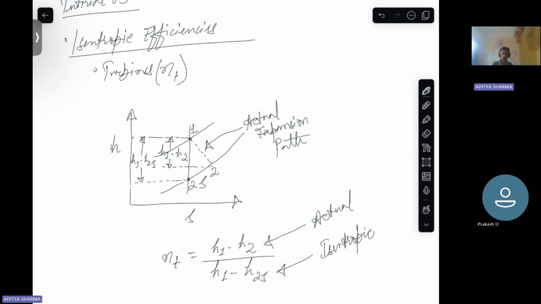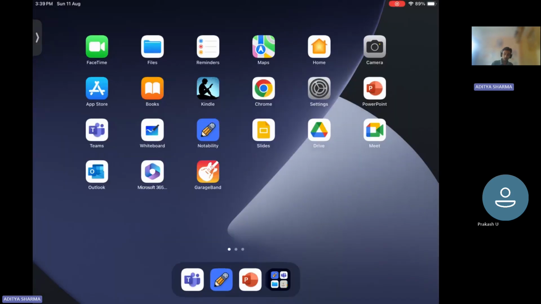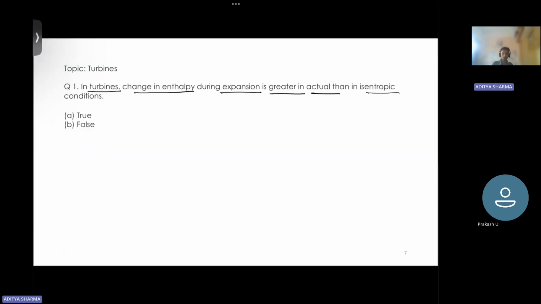Clearly from the diagram, the change for the actual one is lesser, and for the isentropic one it is greater. But the statement given to us says something opposite, so it will be a false statement.